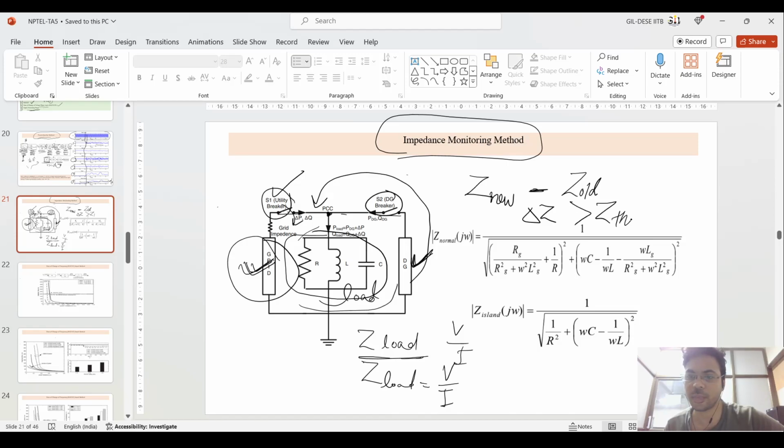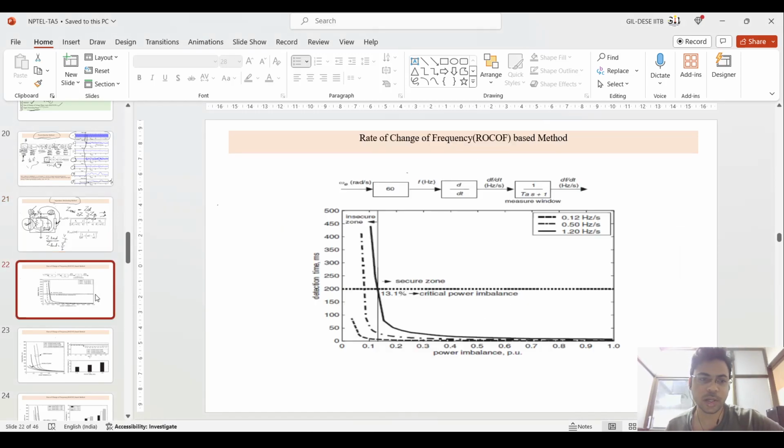If you define a threshold, take this del Z. If del Z is greater than Z threshold, then it is a condition of islanding. If it is less than or equal to the threshold, then it is a non-islanded situation. That is based on the impedance monitoring method.